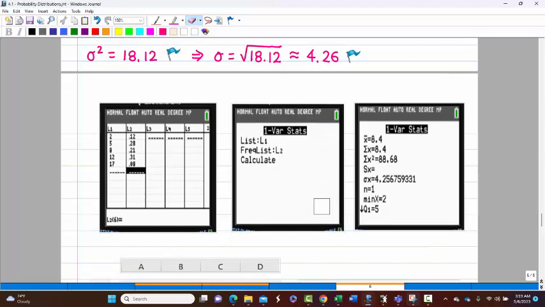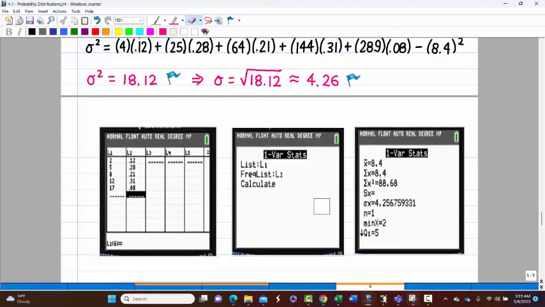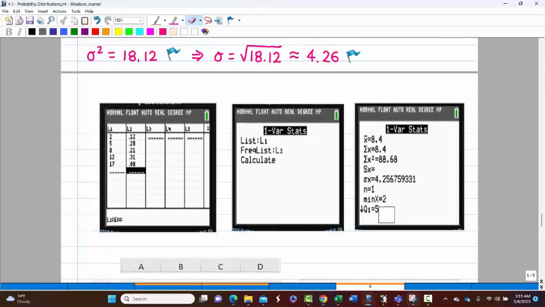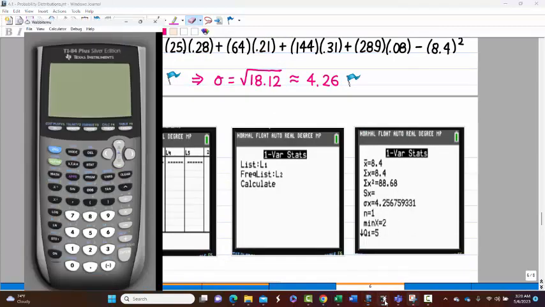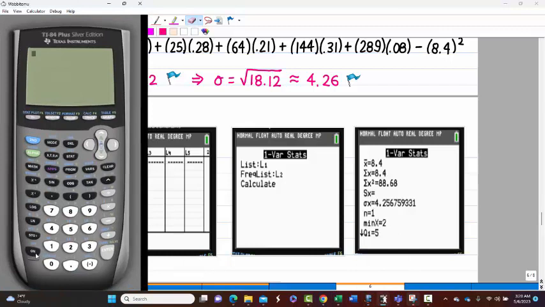Now the same issue comes up here as it did before. You don't get variance from the calculator. It only gives you standard deviation. That's not a big deal. You just take this number, and I'll show you this in the calculator. I'll just use 4.26, maybe to be accurate. On a test, it wouldn't matter, but for MyMathLab, you might want to give it a few more. Well, since I'm looking right at it, I'll put a few more decimals in there.